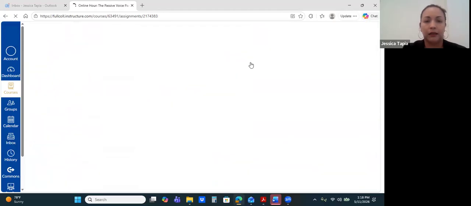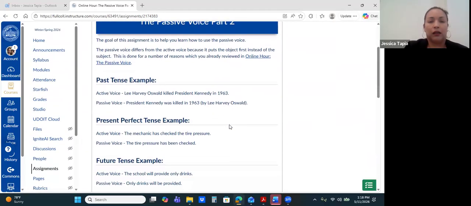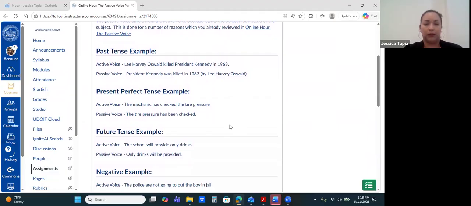All right, much better. So the person who killed was Lee Harvey Oswald, right? He was the one doing the action. And the person who had the action done to them was President Kennedy. So the subject is Lee Harvey Oswald, the verb is killed, and the object is President Kennedy. And let's annotate this one.